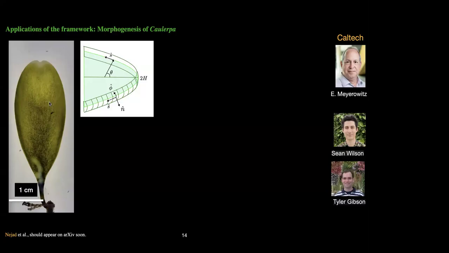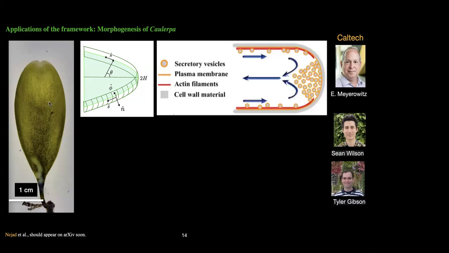So we can define these coordinates. There is a thickness along the Z direction in the plant, and there is a thickness associated with the cell wall, which is like the membrane of this system. For this specific system we don't exactly know how it grows, but in many other cases it's known that the system grows and changes shape by active filaments inside the cytoskeleton, which move the vesicles, the material necessary for growth, to the tip of the cell.